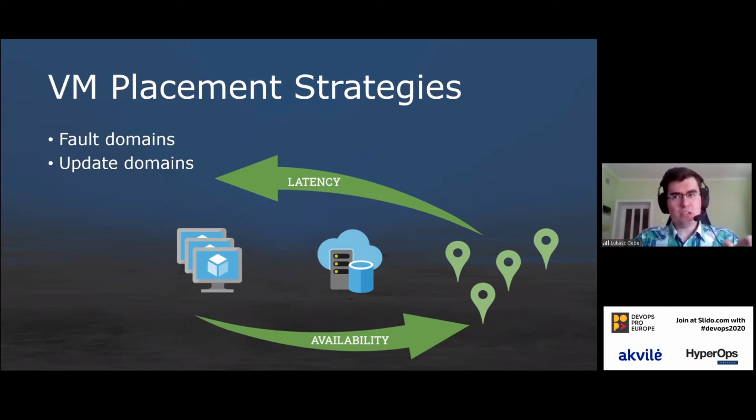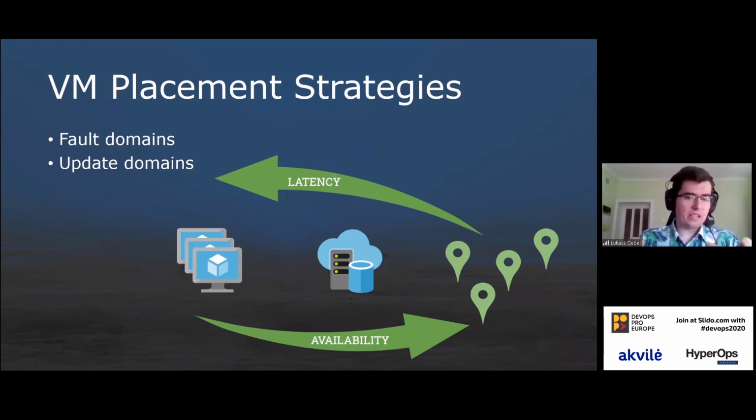So when you spread your machines, you can go for availability sets, scale sets, and then your machines are close to each other. And if your workflow, your data flow requires communication between the machines, so these machines communicate a lot and send a lot of data, you gain, of course, on latency, because the latency will be lower in such case, because machines are as close as possible to each other.